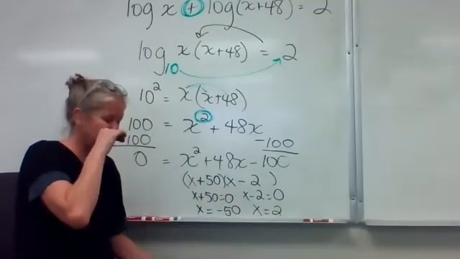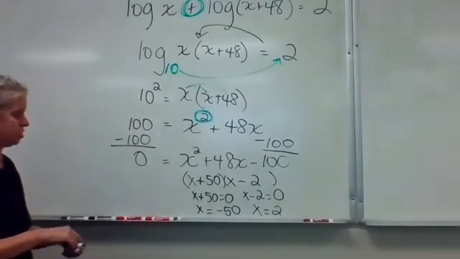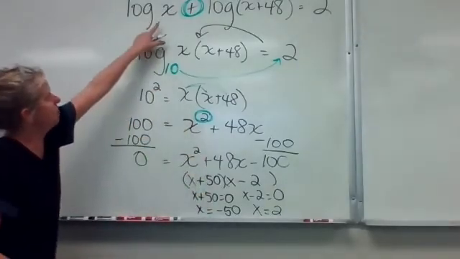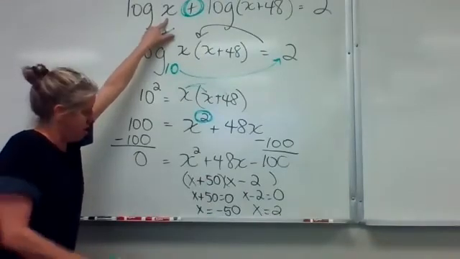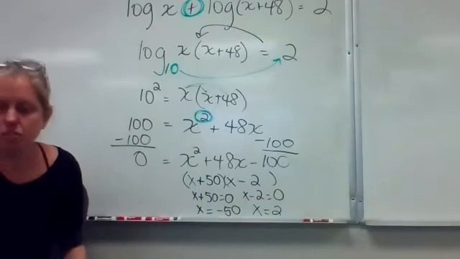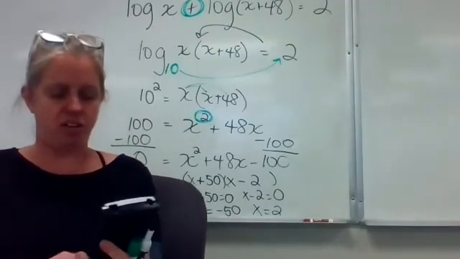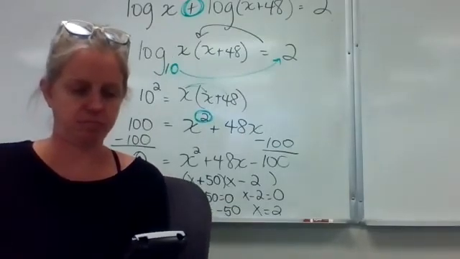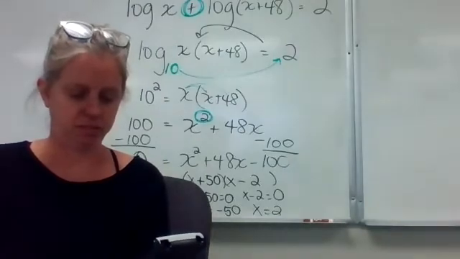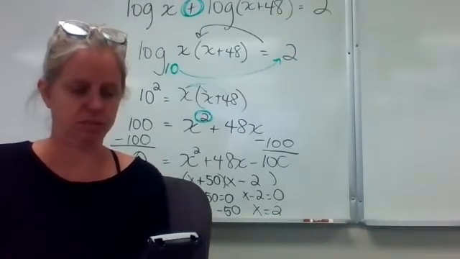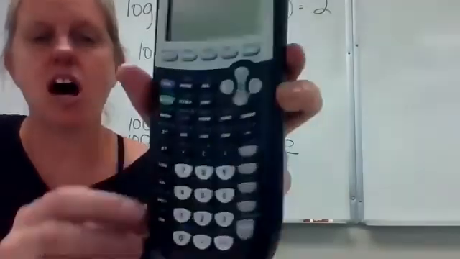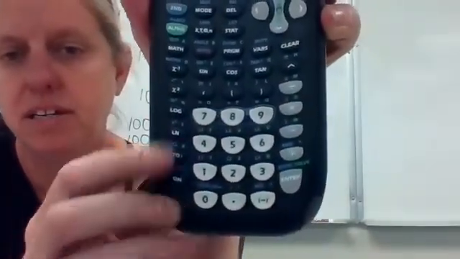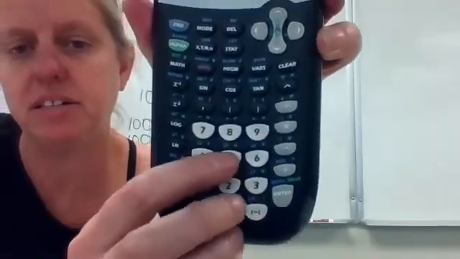But only one of those answers is a good answer because think about what you're solving for. Let's just look at this x, this negative 50. What happens if you try to do log of negative 50?